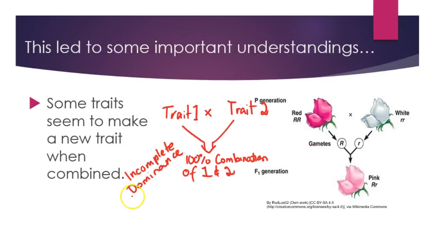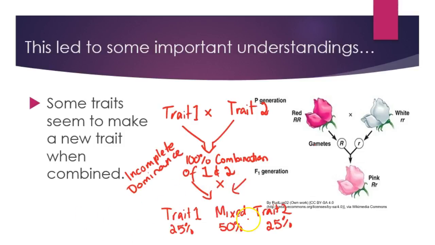Now, they might have thought that they came up with a new trait, but when you breed again the F1 generation to make a new F2 generation, you end up getting those traits back. You end up getting 25% of trait 1, 25% purely trait 2, and 50% is a mixed or incomplete dominance showing through.